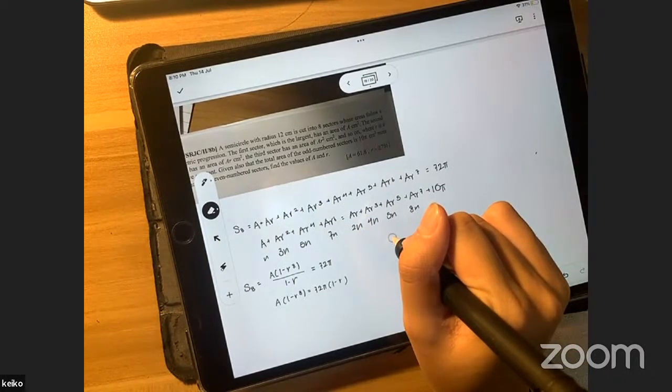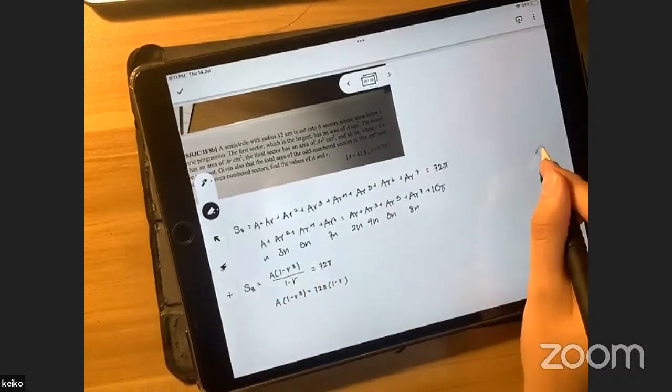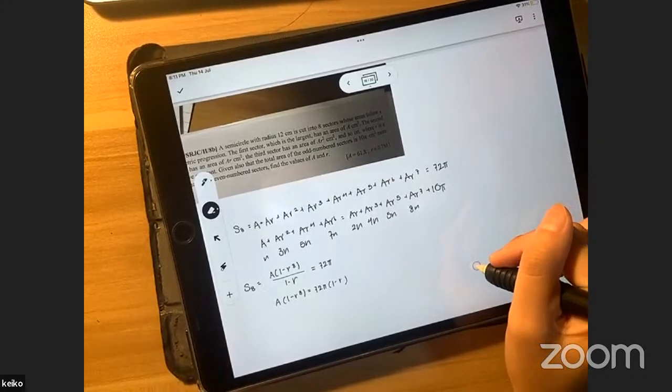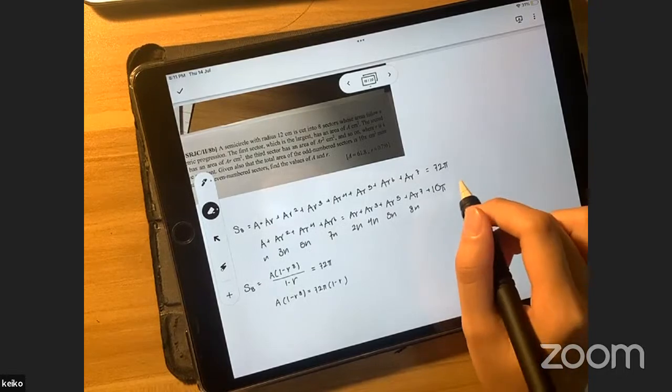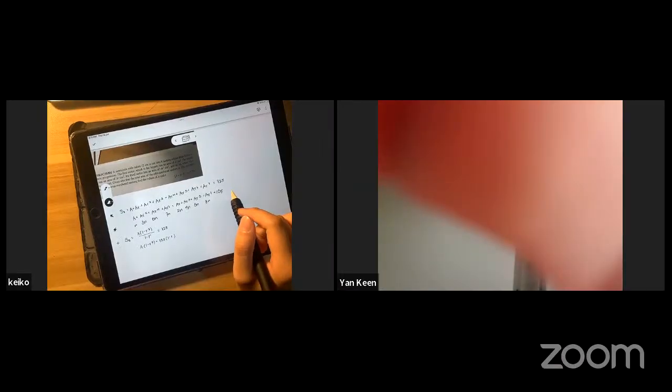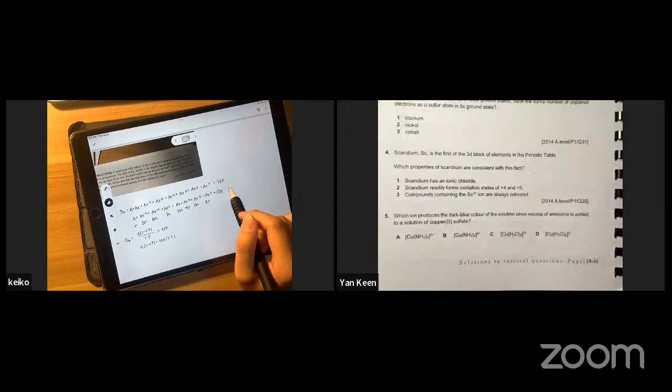Okay, I would prefer to deal with the S8 rather than your original S8, definitely. If only we have another equation which can be more easily solved, right? Which I think I can.